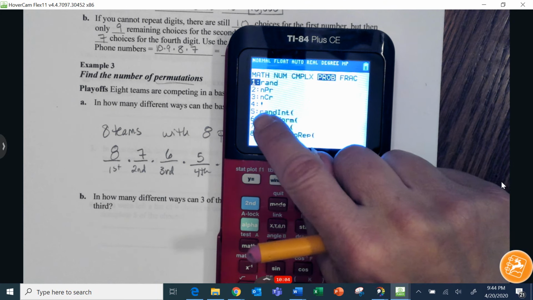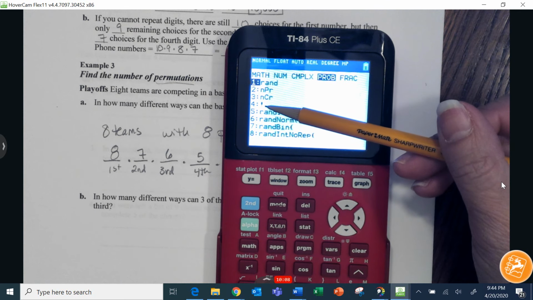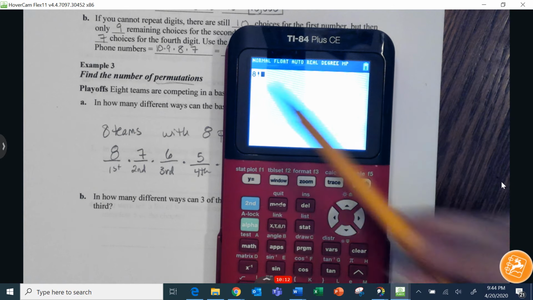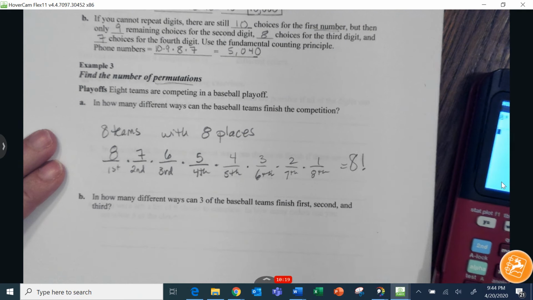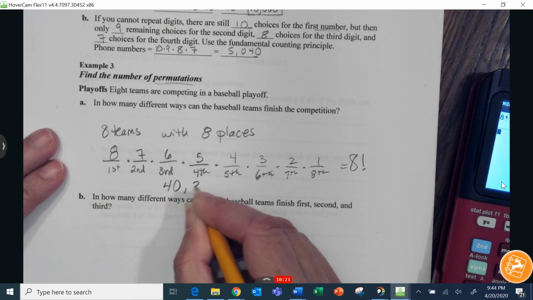You will see choice 4, it's kind of hard to see on here, but on your calculator you can see a little bit better, is the exclamation point, the factorial. So I'm going to hit 4. And then it says 8 factorial, hit enter, and it tells me 40,320. That's how many different ways 8 baseball teams could finish the competition.